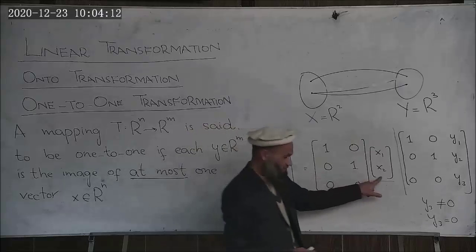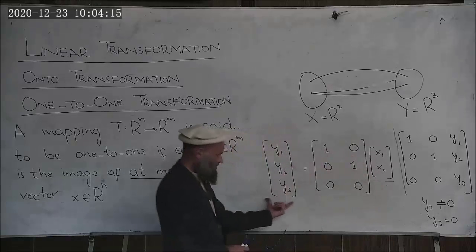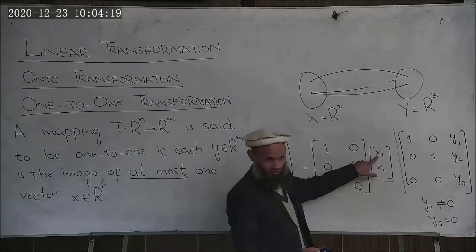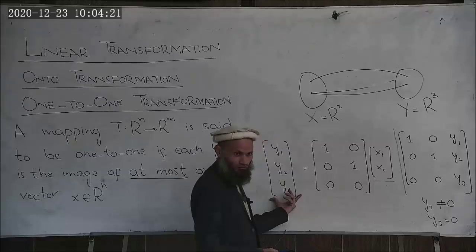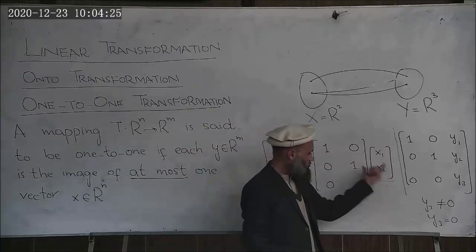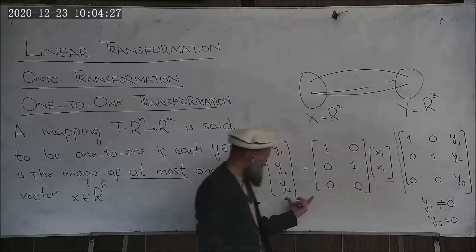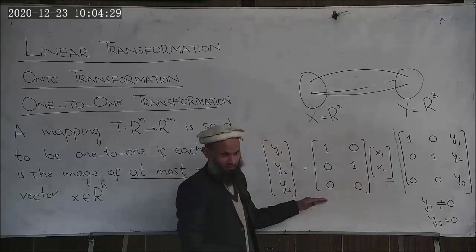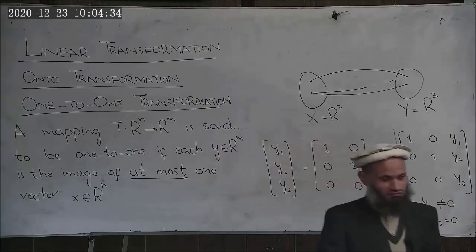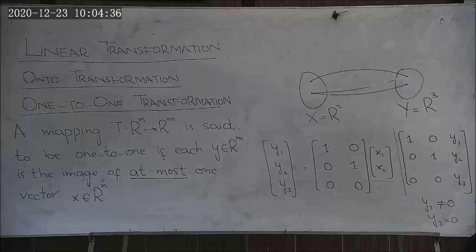You cannot find that vector. Take any value of x, you will get a value of y. So this is definitely a transformation. Is it a one-to-one transformation? Yes, it is one-to-one.